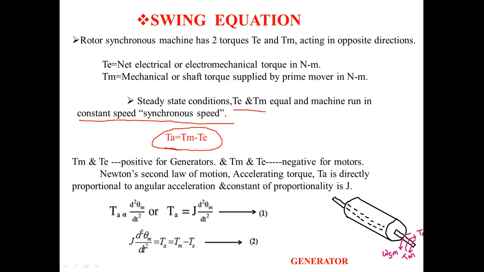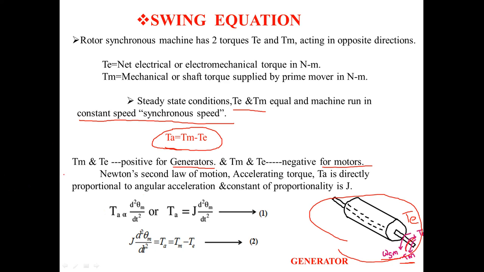Okay, so we are going to consider one as a generator and another one as motor. So how can we identify which is generator and which is motor? So from the diagram given, the motor and the speed are in the same direction, and for the generator it is opposite.